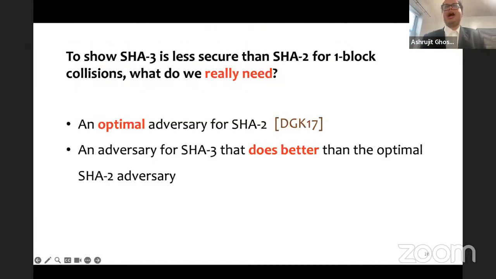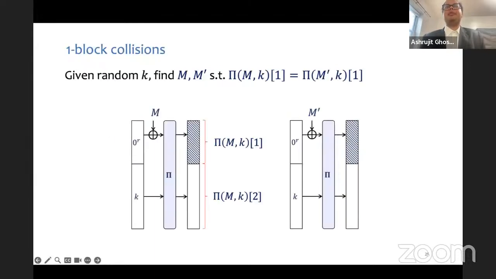For one block collisions, you're given this key K, and you're not given the entire output. The output of the hash is just the first R bits. Okay.